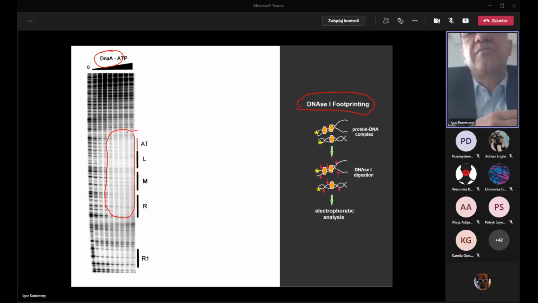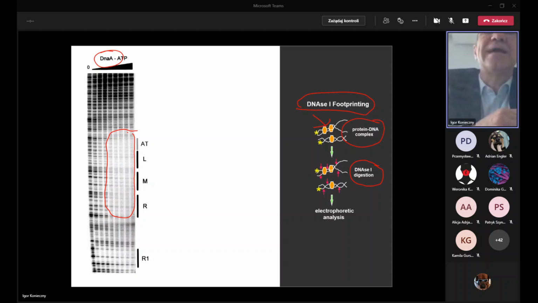Then you add the protein, and a protein-DNA complex is formed. Then you add DNase-1 and perform incubation for the digestion, and DNase-1 is supposed to cut the DNA, but it cannot cut at the site where the protein interacts with the DNA.